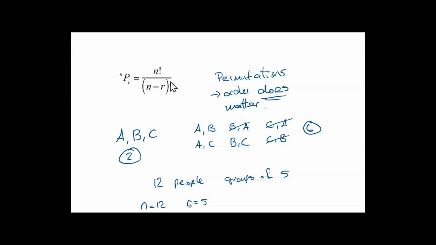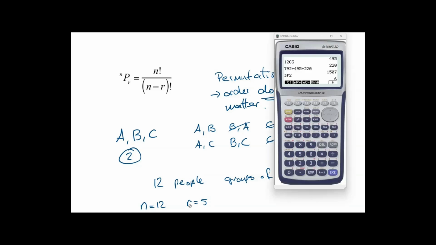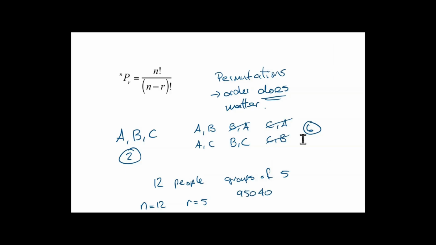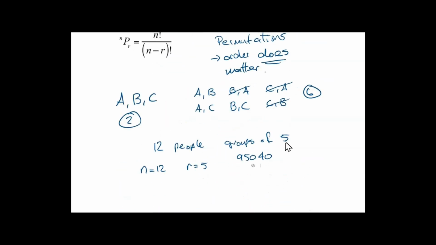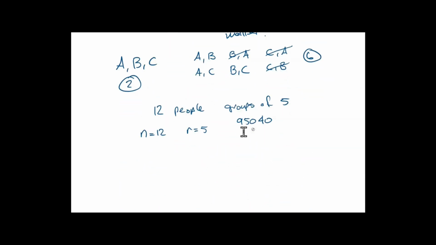So I'm just going to go straight to the calculator now. So 12 permutation 5. There's going to be a lot. 95,040. That's a lot. And if you remember in our combinations, there were only 792. So there's a big difference between 95,040 and 792. So permutations grow a lot faster.